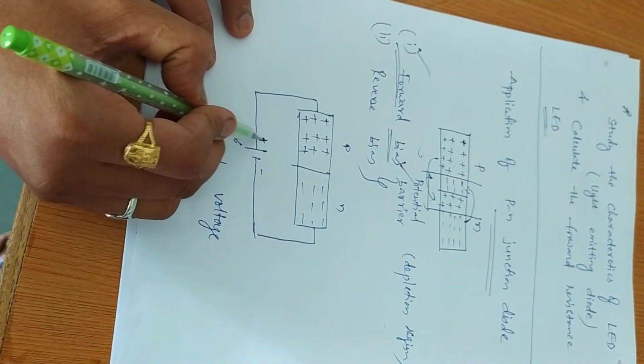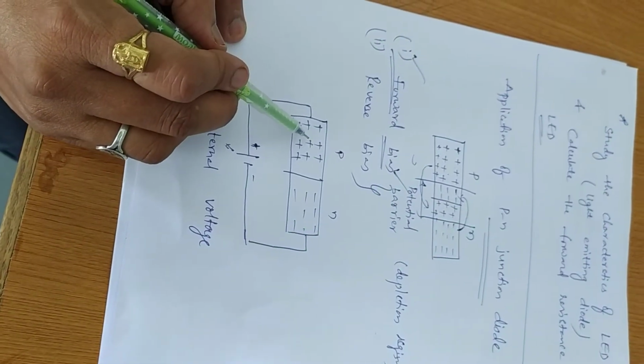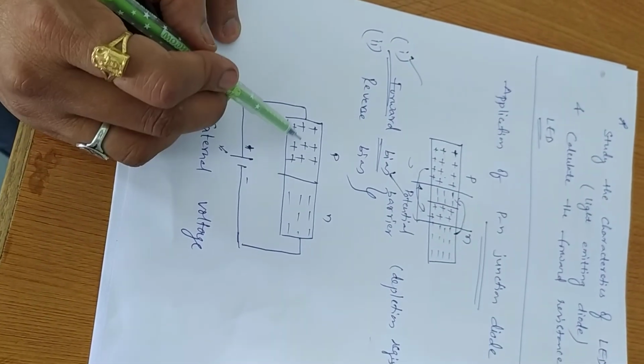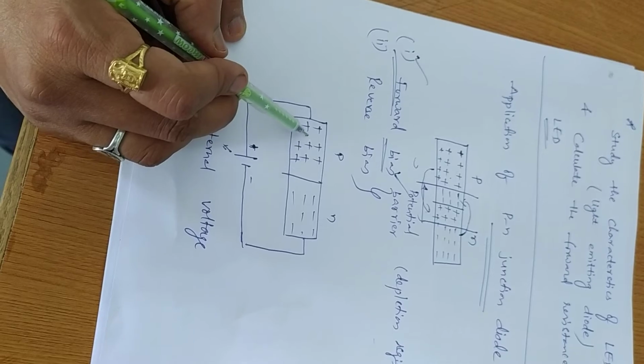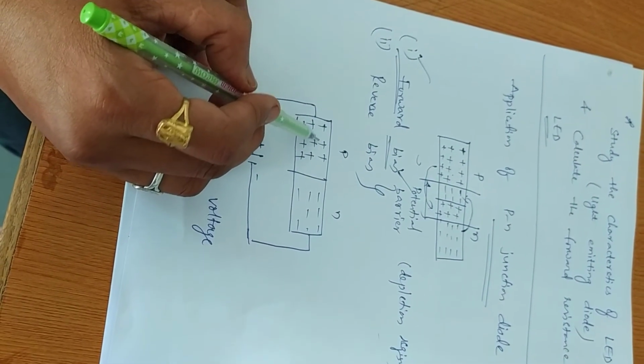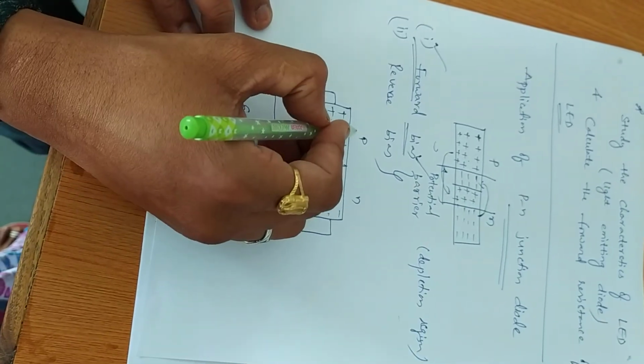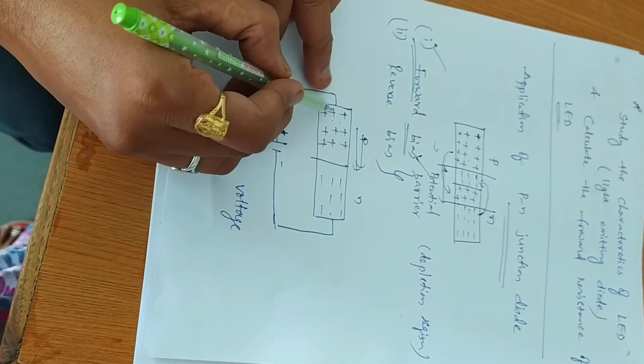Because we have a positive terminal and here we have positive charges, a repulsive force will be there between the two like charges. Most of the holes, all the positive charge carriers, will move like this, because they cannot come here.